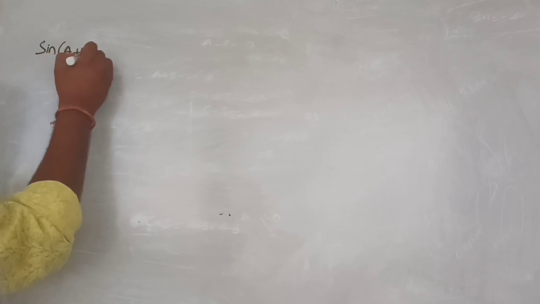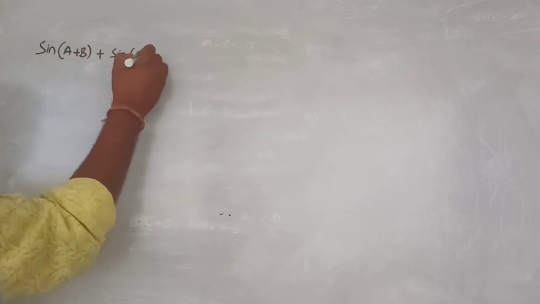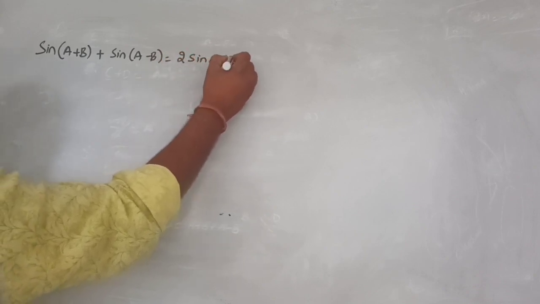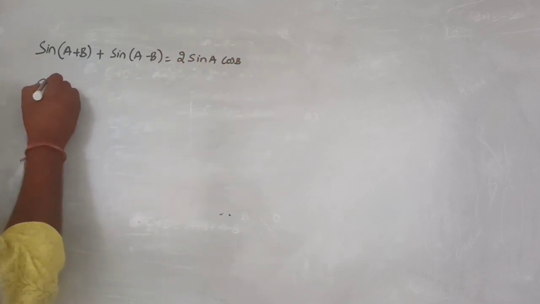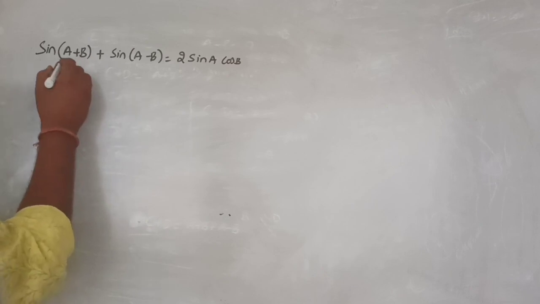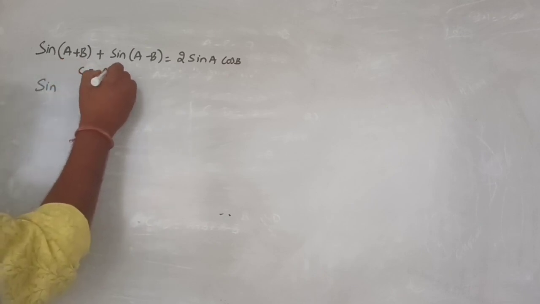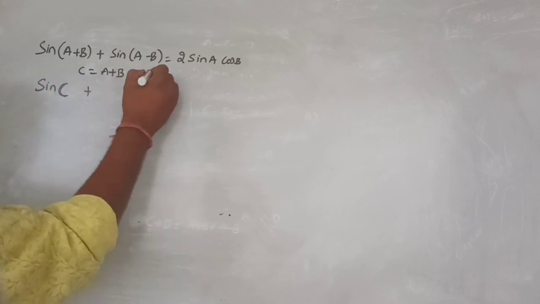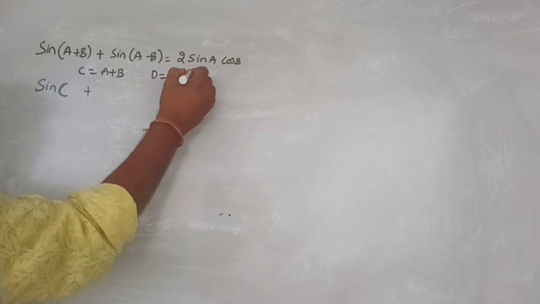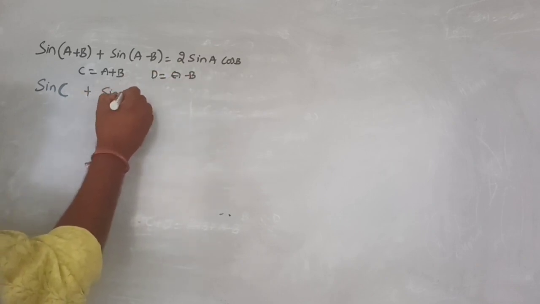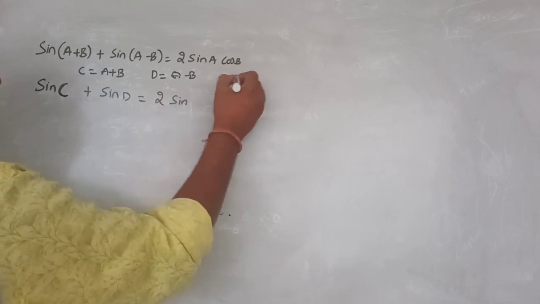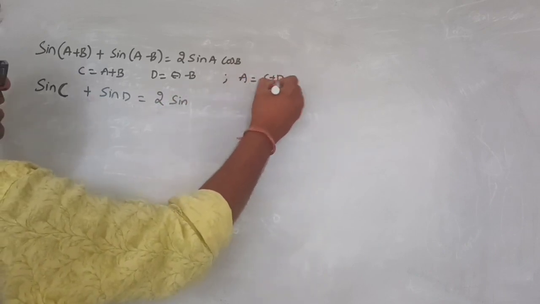So here sin of a plus b plus sin of a minus b formula, we got it 2 sin a cos b. Since we know that a plus b is c, so sin c. And d is equal to a minus b, so sin d is equal to 2 sin of a value we got it c plus d by 2.